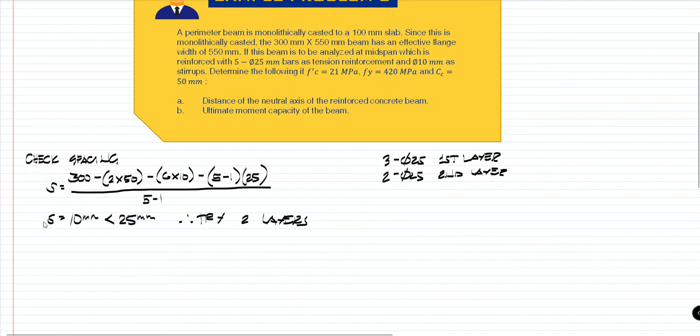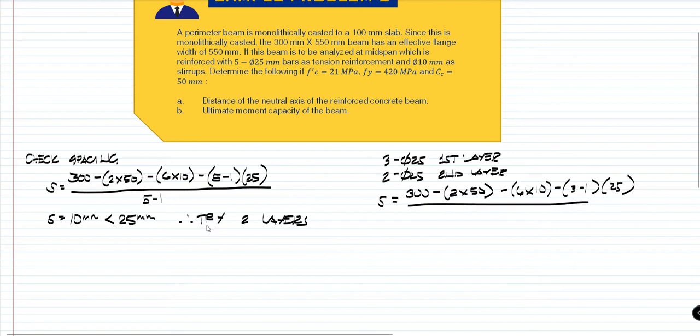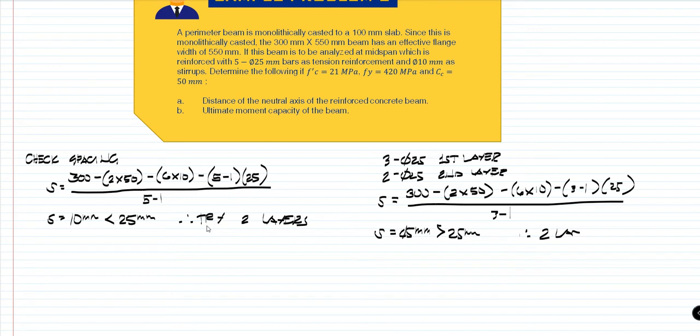So, we have here S is equal to 300 minus dalawang clear cover na 50 minus 6 na diameter ng bar minus 3 minus 1 times 25 divided by 3 minus 1. So, we have here the spacing, which is 45 mm. And that is greater than 25 mm. Therefore, we have to use the 2-layer bars.